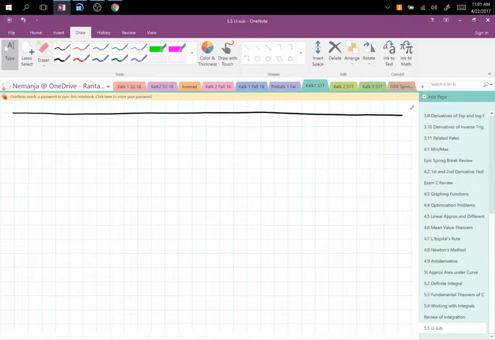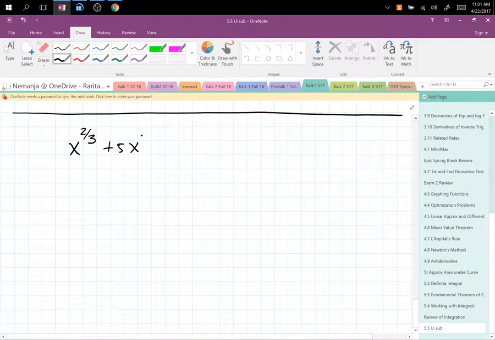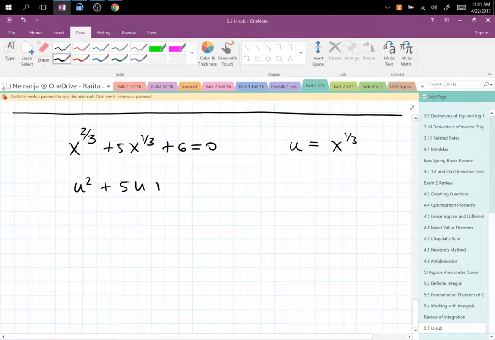So if you had a problem in algebra that looked like this, plus 5x to the 1/3 plus 6 equal to 0, this was your algebra 2 problem, and you used to say u equals x to the 1/3, or you use a different letter, which turns it into u squared plus 5u plus 6 equal to 0, and then it's easy after that. Oh, right.